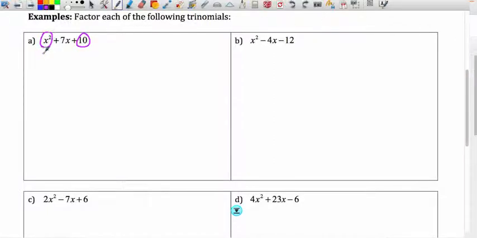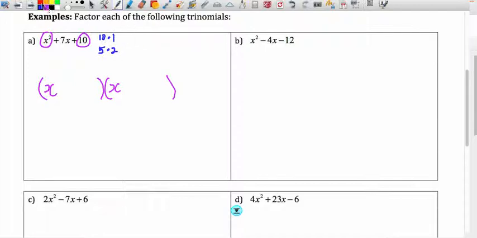In order to get x squared, this one's a relatively straightforward one, so I'm going to open my sets of parentheses straight away. In order to get x squared, the only option is to multiply x times x. In order to get 10, we can multiply 10 by 1, or we can multiply 5 by 2.